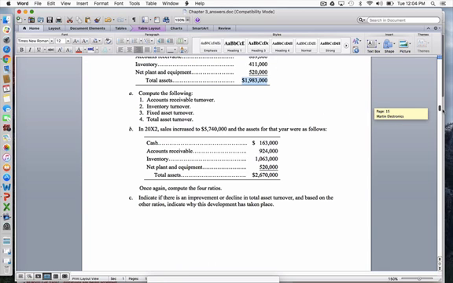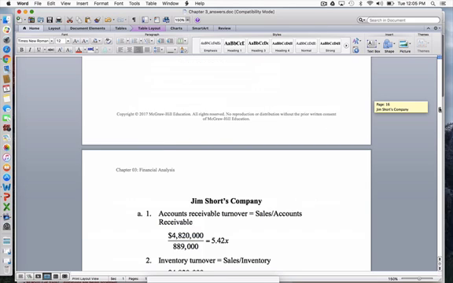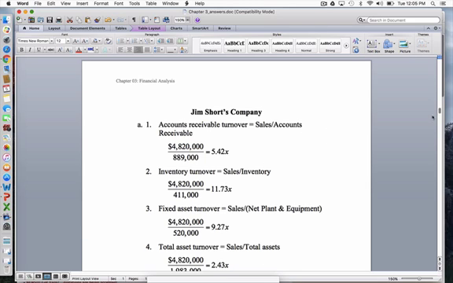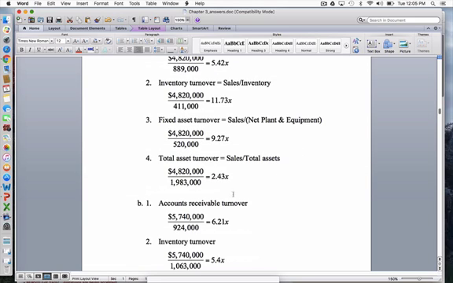Those are the calculations. For C, you are asked to indicate if there is an improvement or decline in total asset turnover. Well, total asset turnover, we just said it decreased from 2.43 the first year to 2.15 the second year, and it's basically due to a much reduction in inventory turnover from 11.73 to 5.4, half of that.